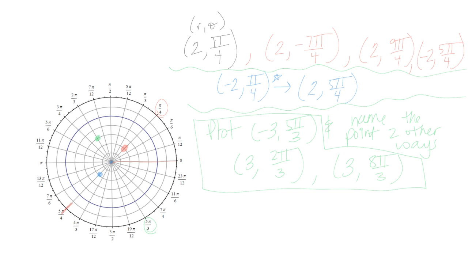And that's plotting. Now the next thing we have to do is go from polar to rectangular, and then rectangular to polar. First we're going to do polar to rectangular. I don't have the polar coordinate plane here, but I'm going to sketch the point 4, 45 degrees.